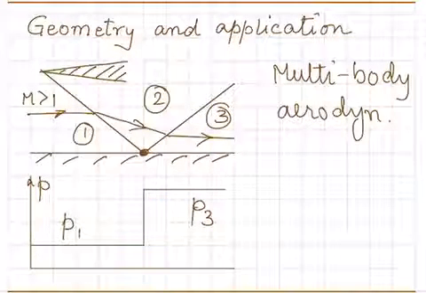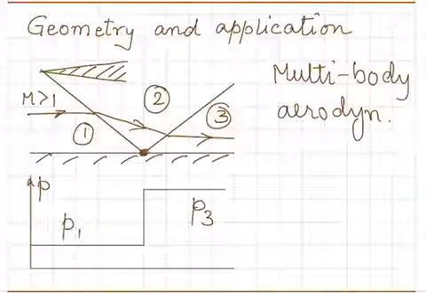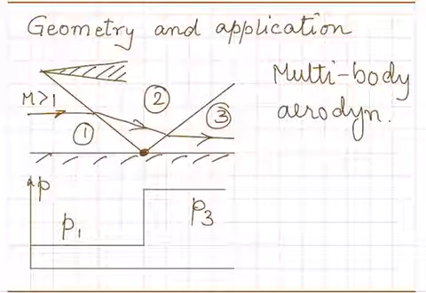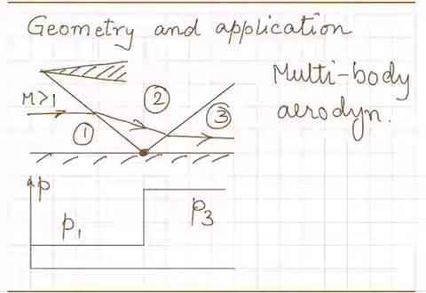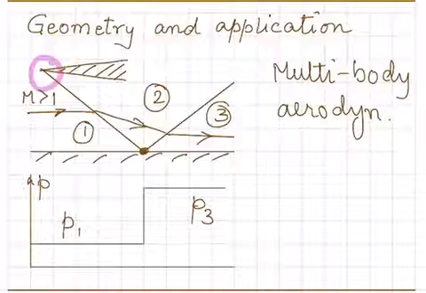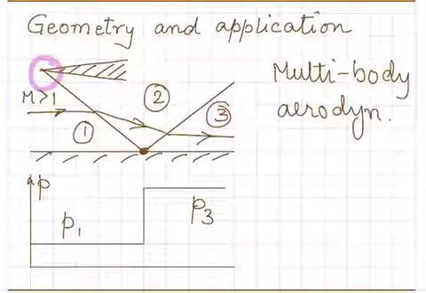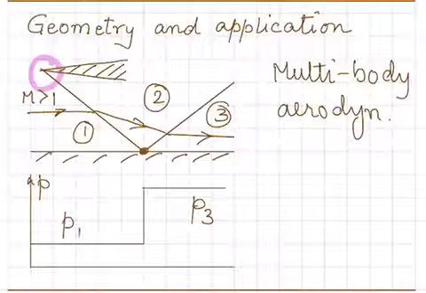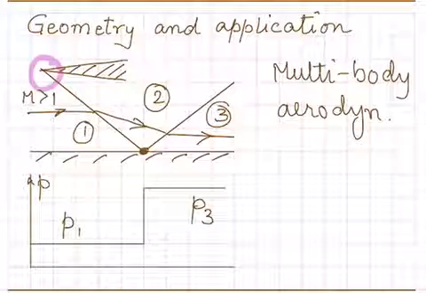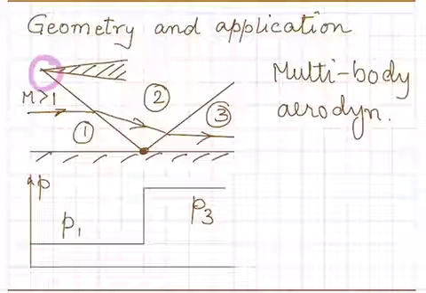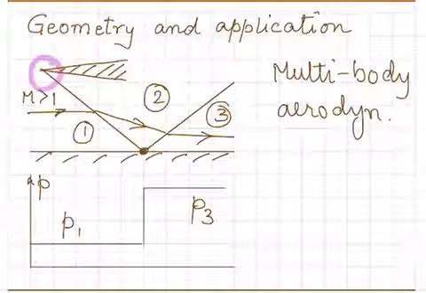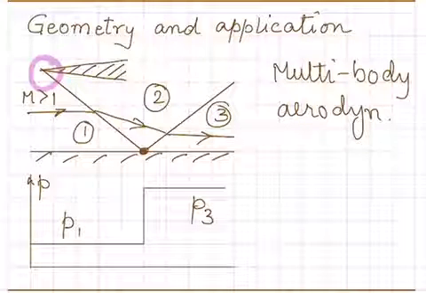For example, if there is a rocket with strap-on boosters, the shock generated by the tip of the booster, for example here, can impinge on the body of the main rocket, and there are situations where the main rocket actually houses fuel tanks in the regions where the shock impinges. So shock boundary layer interaction becomes quite important in such a scenario.